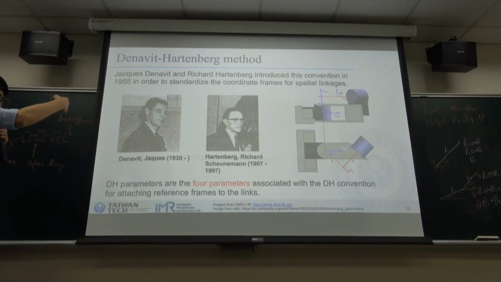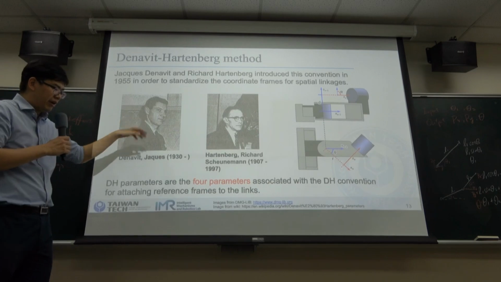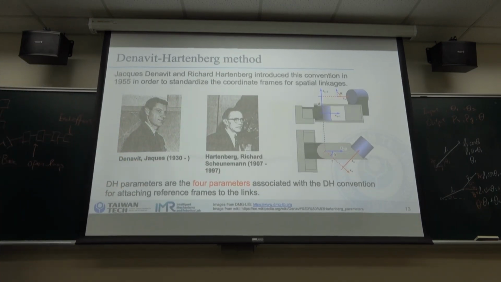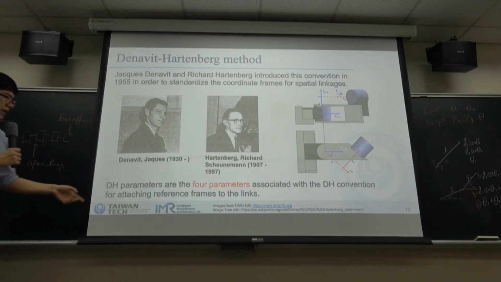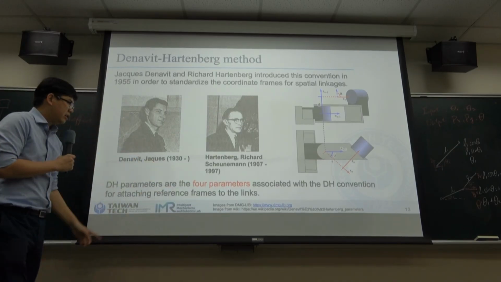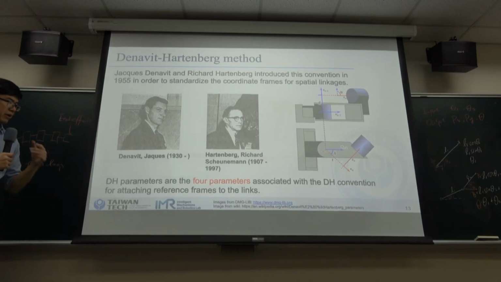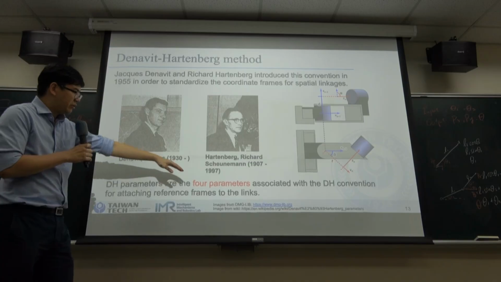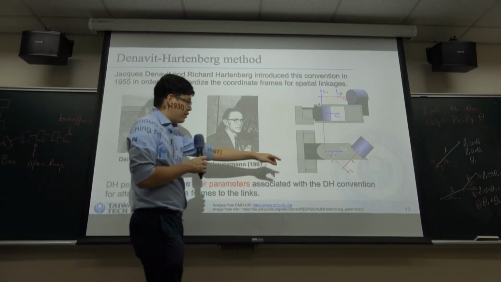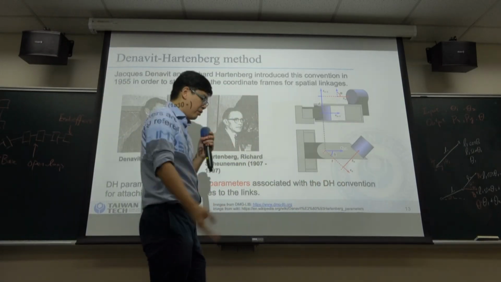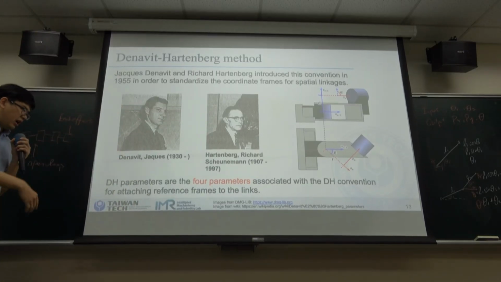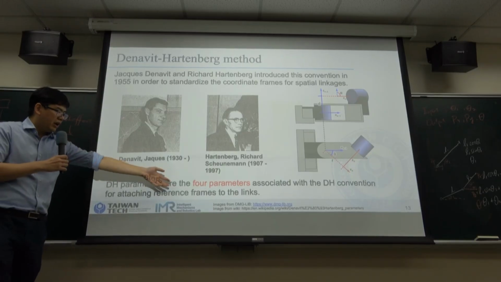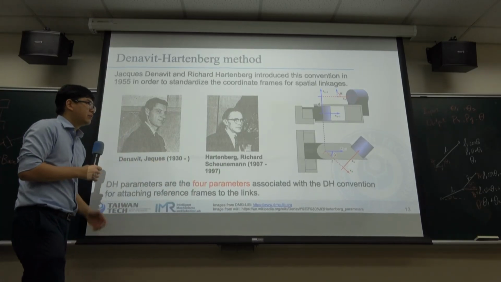It is a method that directly generates the transformation matrix based on 4 parameters. These 4 parameters are called the DH parameters. To get these 4 parameters, you need to set up the DH conventions. Afterwards, we will teach you how to set up the DH conventions, and from there get the 4 parameters.